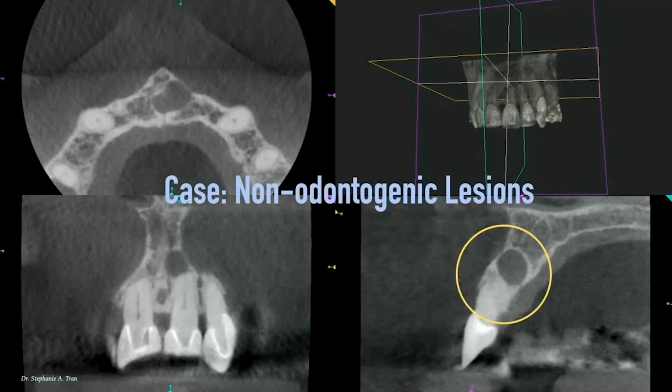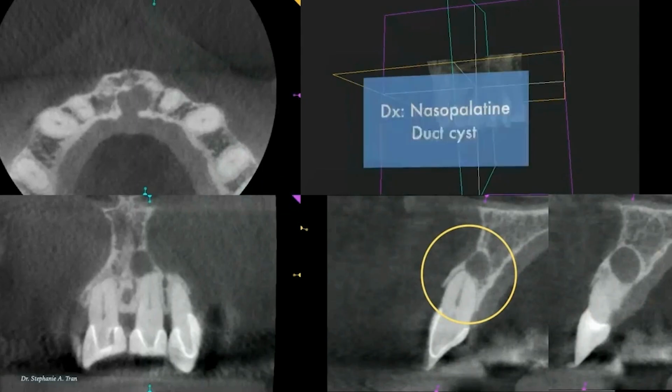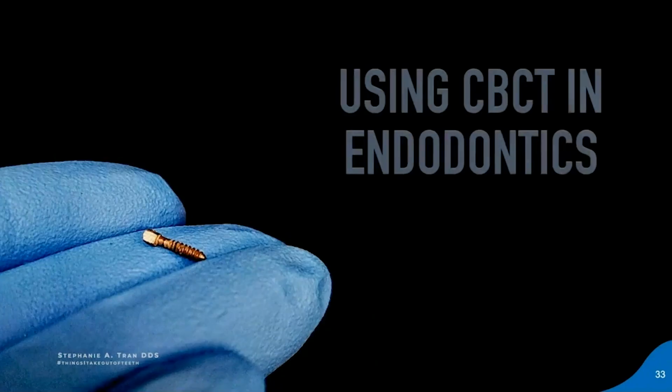So that's why this patient was referred to have this lesion biopsied and evaluated, and it turns out it was a nasopalatine cyst. But that is why taking a CBCT is important to evaluate these findings and match them in conjunction with the clinical findings. So in this case, it was a nasopalatine duct cyst.